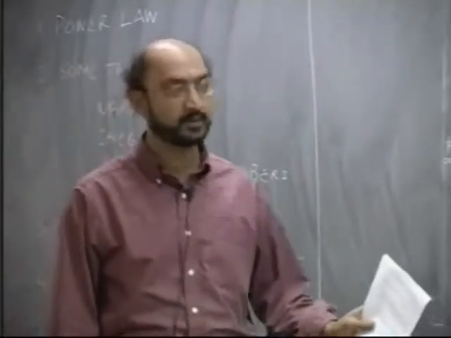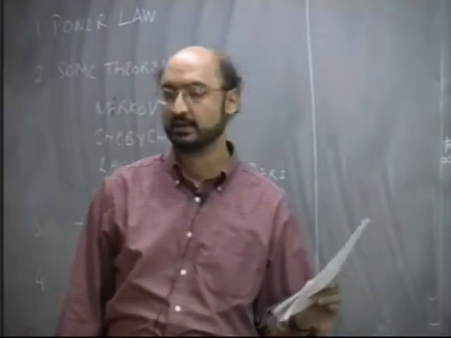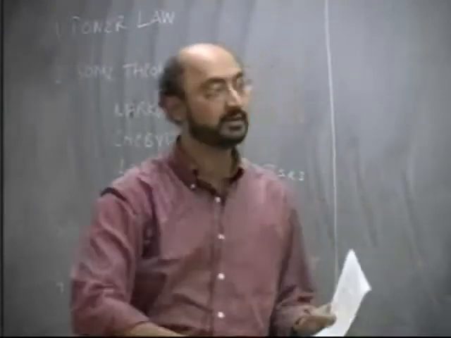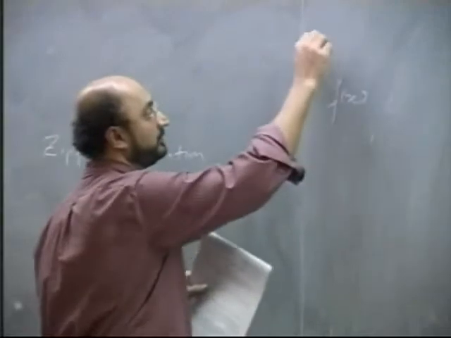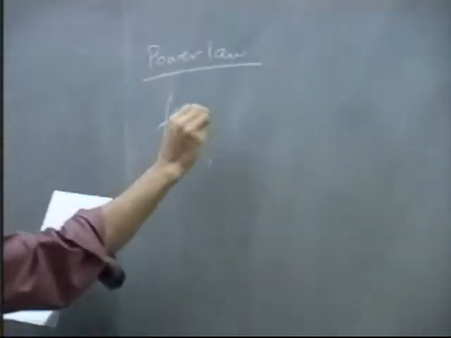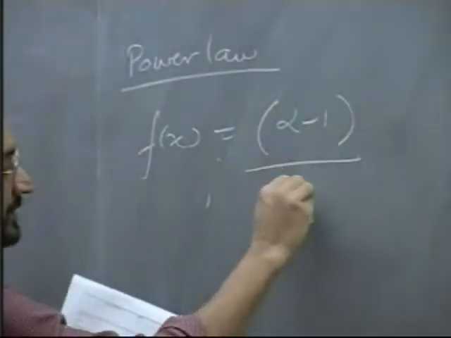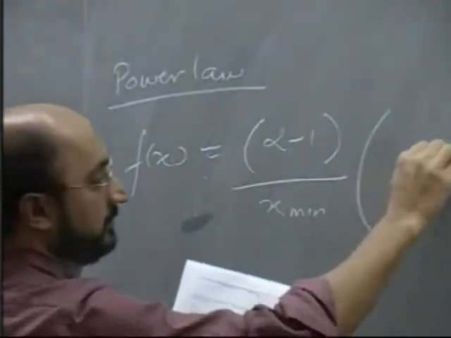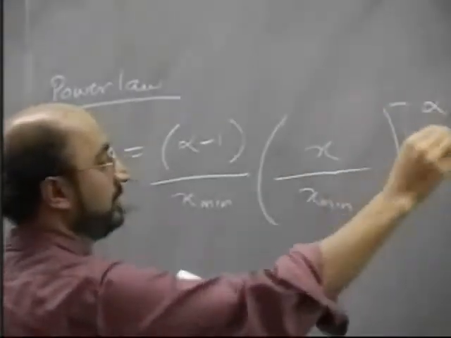So this is Zipf's law, and the continuous approximation to this is called the power law. When we take the number of items going to infinity, the general form of the power law is f(x) equals (alpha minus 1) over x_min, times (x over x_min) to the power minus alpha.